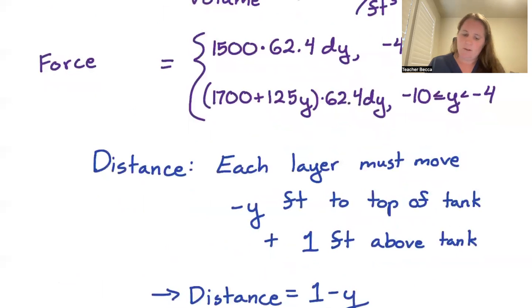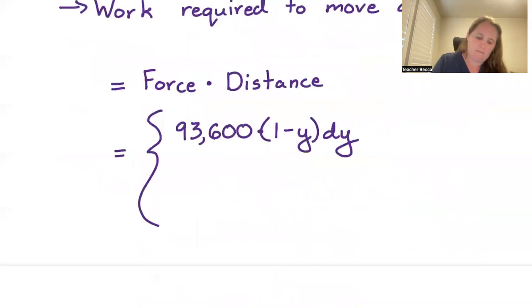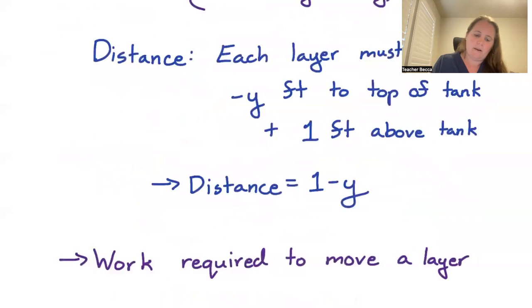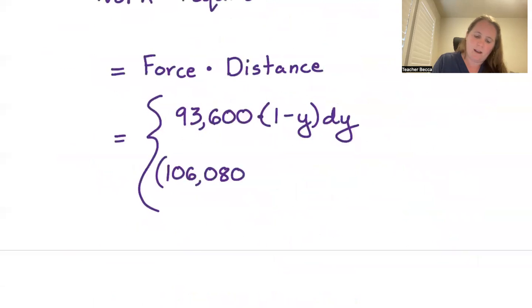For the second component, we have 1700 times 62.4 is 106,080. Then to that, we add on 125y, 125 times 62.4, which is 7,800 times y.